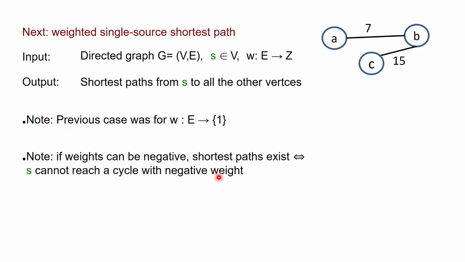So a cycle of negative weight is one where, if you sum all the edge weights along the cycle, you get a negative value. If S can reach something like this, then you can get to an arbitrarily low weight simply by going around the cycle over and over again.